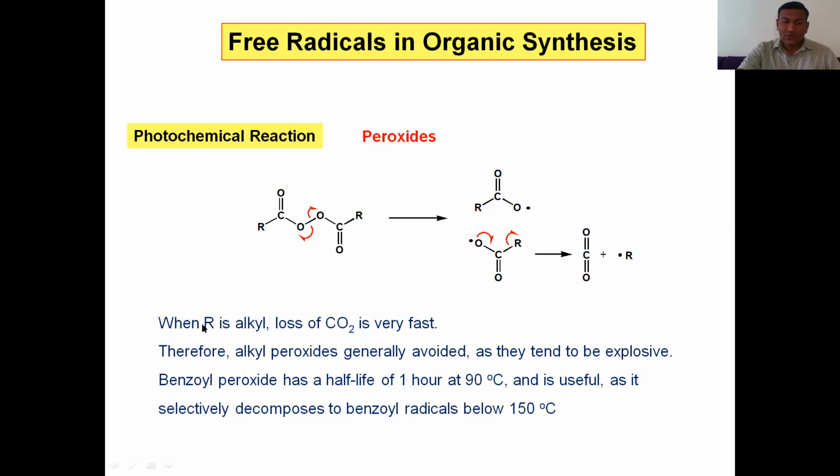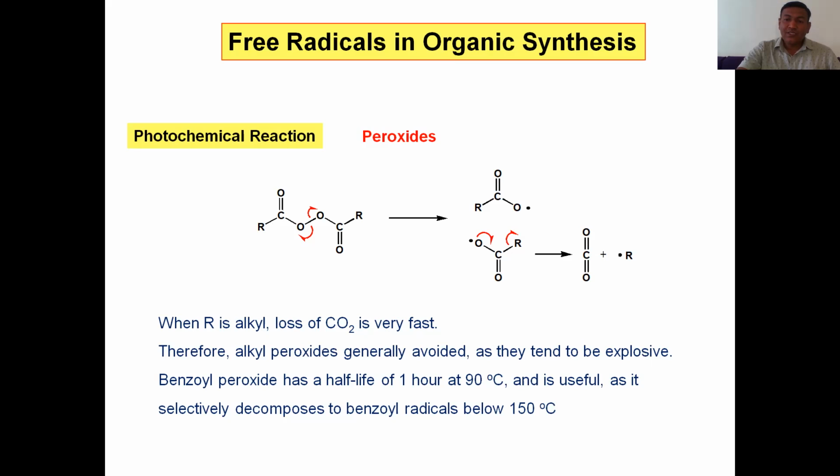In this case, we have also learned one condition: if this R is an alkyl group, the loss of CO2 is very fast. Okay, if it is methyl or propyl or like that. So if CO2 loss is very fast, the stability is very difficult. Therefore, alkyl peroxide is generally avoided because it is highly reactive, and these tend to be explosive reactions. Right? And that explosive reaction is not good for our study.